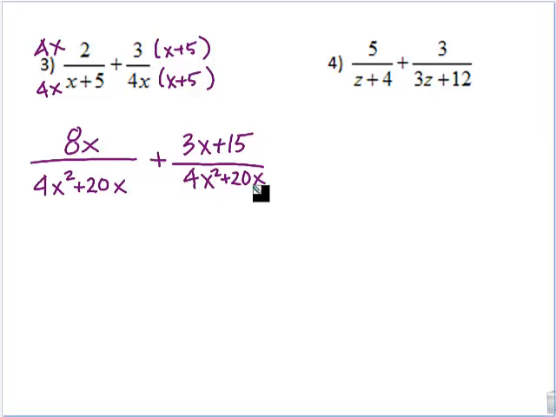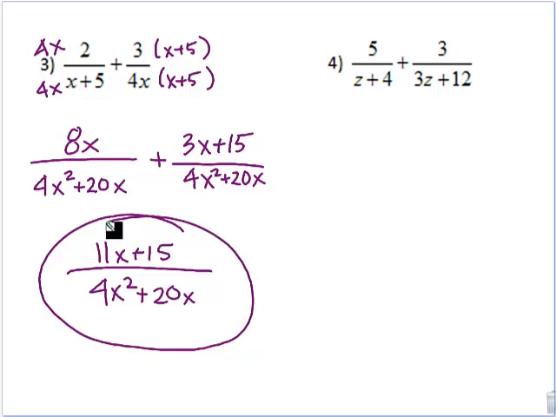The denominators are now the same, so we can just gather our like terms together. We know it's all going to be over 4x squared plus 20x. And when we gather our like terms together, what do we have? Good, 11x plus 15. 8x plus 3x is 11x, then we have plus 15.